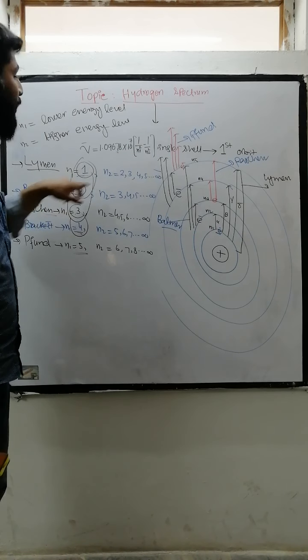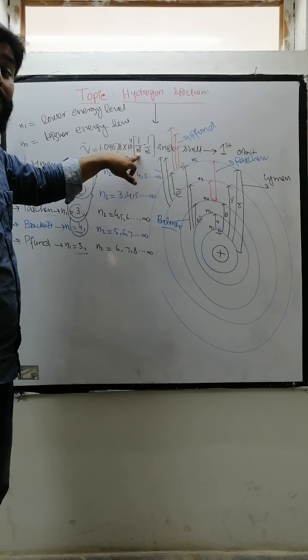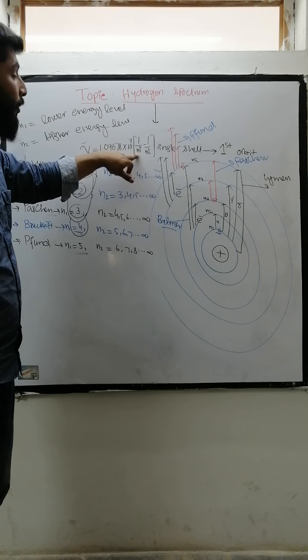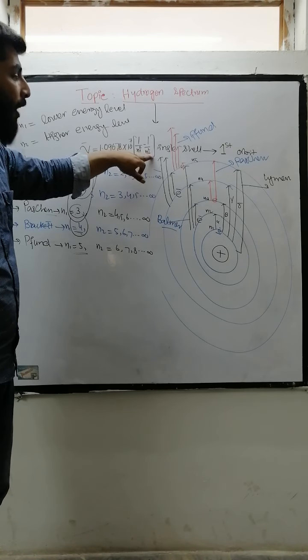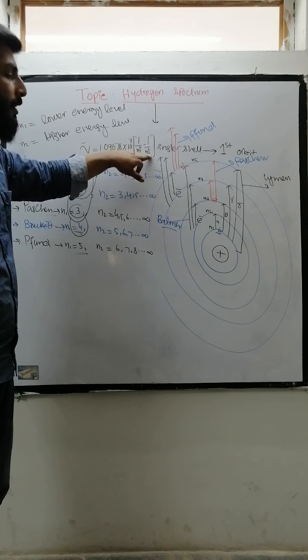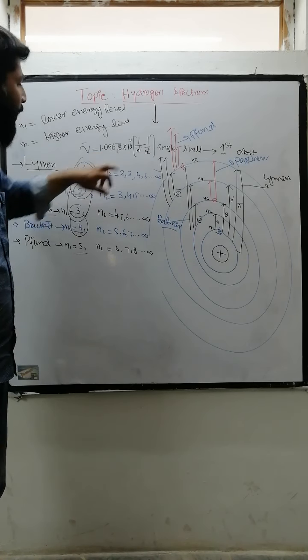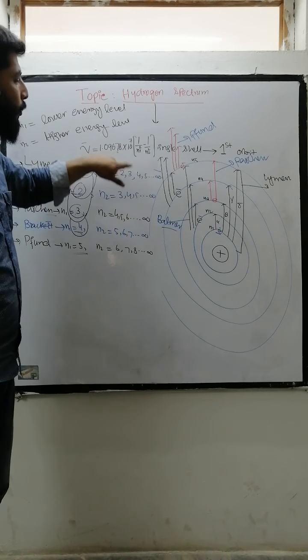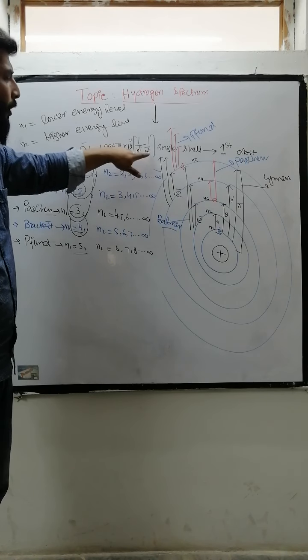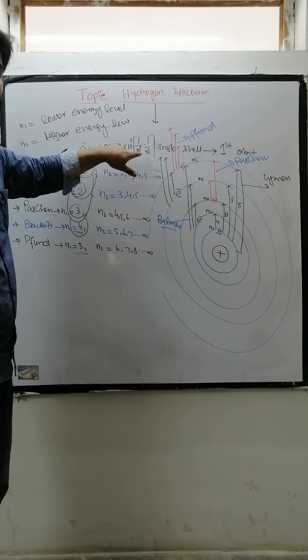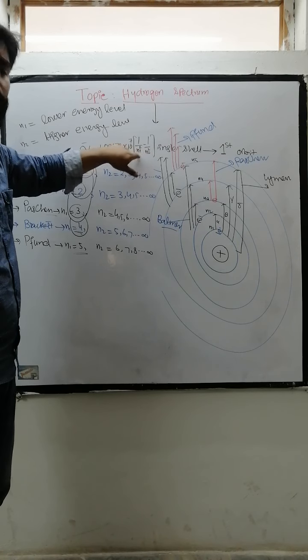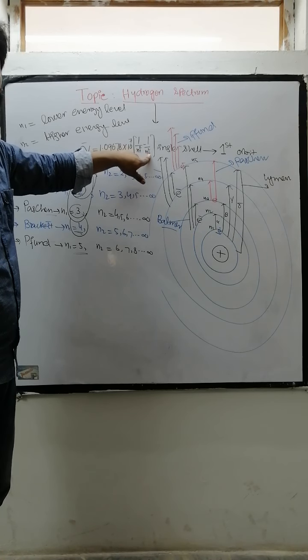Similarly, for the Paschen series, you will have n1 equal to 3. Therefore, 3, 4, 3, 5, 3, 6, 3, 7, 3, infinity. For the Brackett series, n1 is 4. So you will have 4 and 5, 4, 6, 4, 7, 4, 8, 4, infinity.